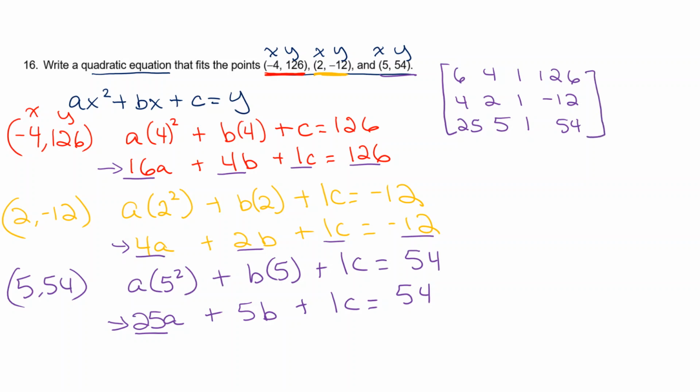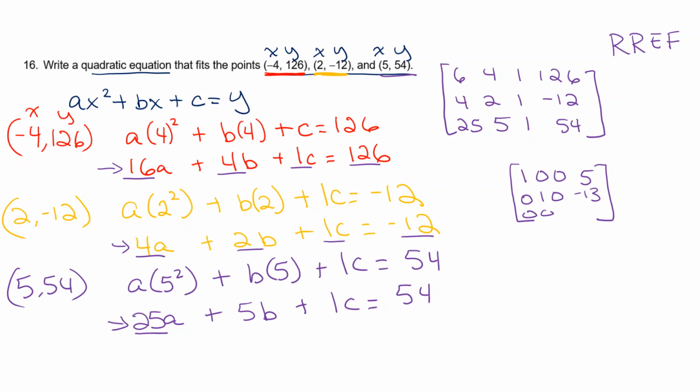Okay, so we put that in your calculator, and then go to RREF, and we will end up with a matrix that should look like this. It'll be 1, 0, 0, 5. Actually, is that negative? I think it's positive 5. And then 0, 1, 0, negative 13.